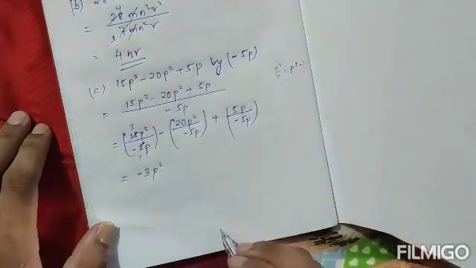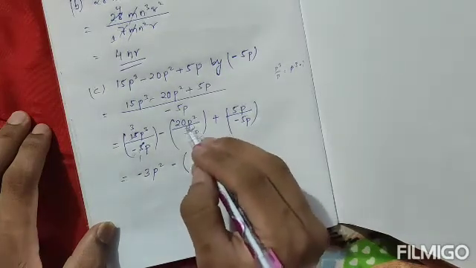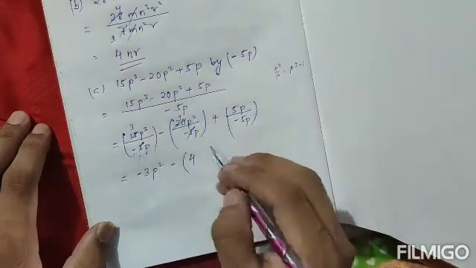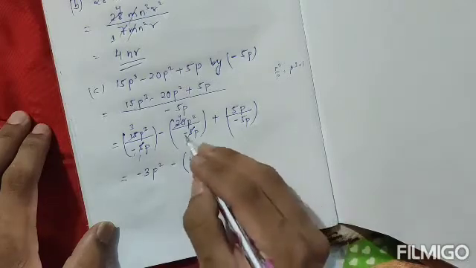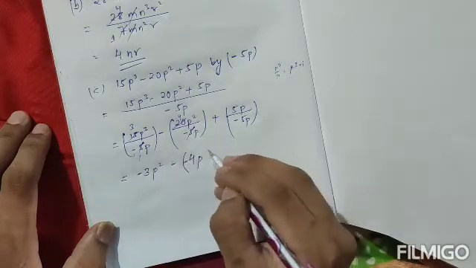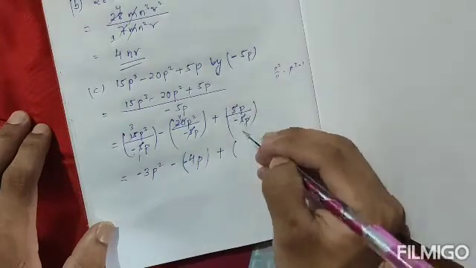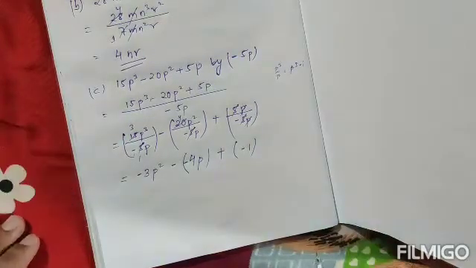Then from here, 5 1s are 5, 5 4s are 20, that is 4. P square by p is p, but this minus sign is there. Then plus 5 ones 5, and p is also cancelled. So what will remain here? Minus 1. Don't forget the sign, okay?